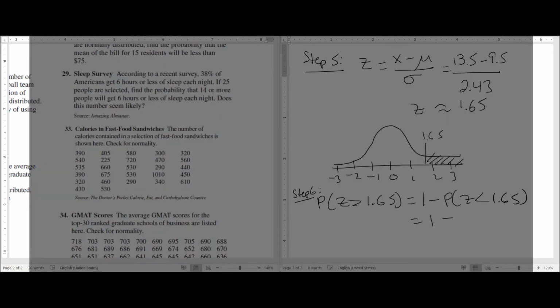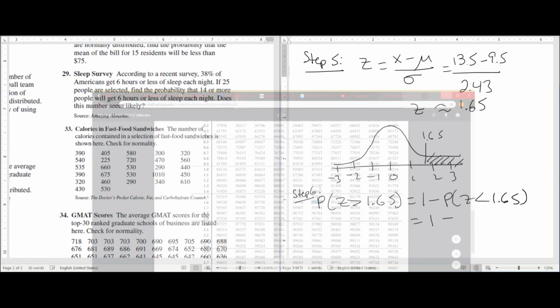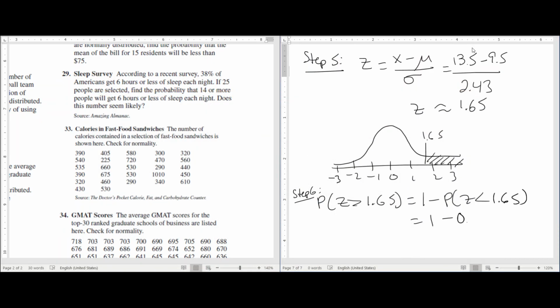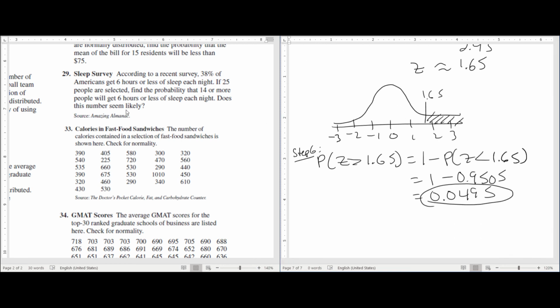So we go to 1.65, 0.9505. Then you subtract this from 1, you get 0.0495.